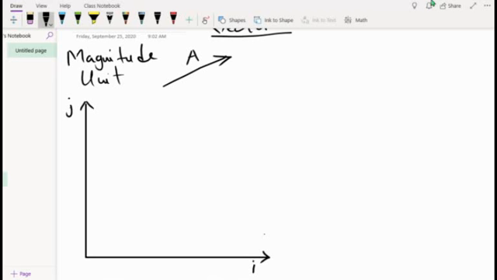Let's say we have a vector on this plane, given by ai plus bj. Let's call this vector x.